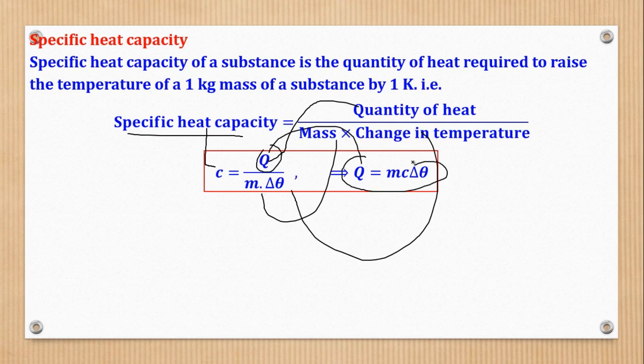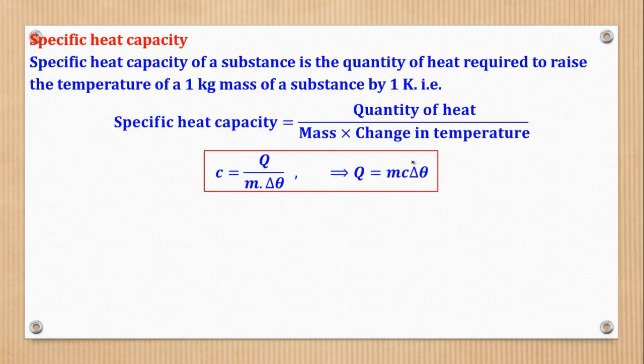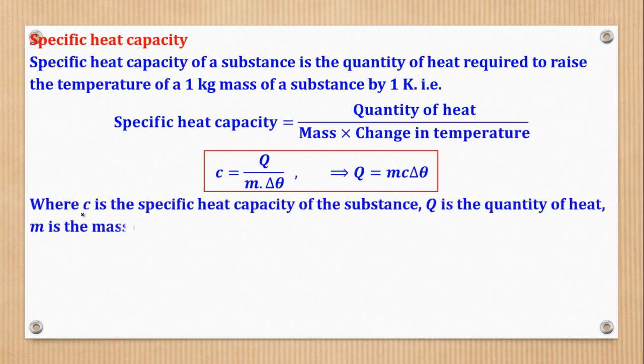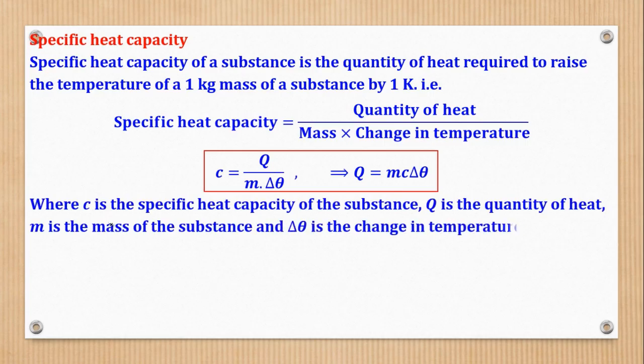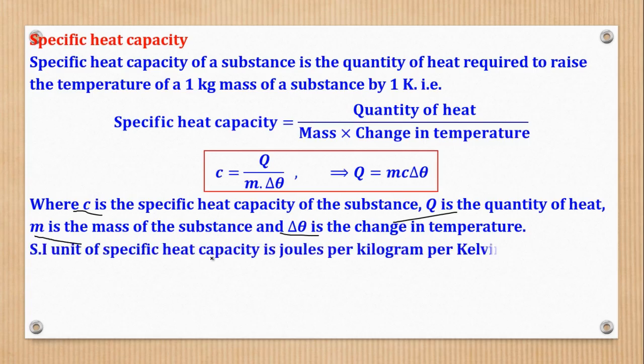So far we have seen two formulae, one for quantity of heat given heat capacity, another for quantity of heat given specific heat capacity. Both formulas are very vital in this topic. The SI unit of specific heat capacity is joules per kilogram per Kelvin, as you can see here.